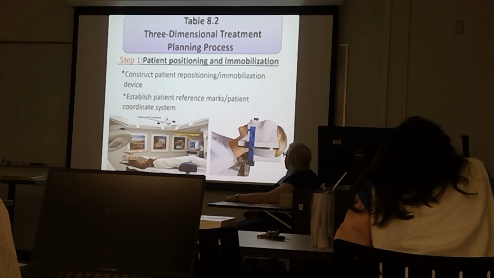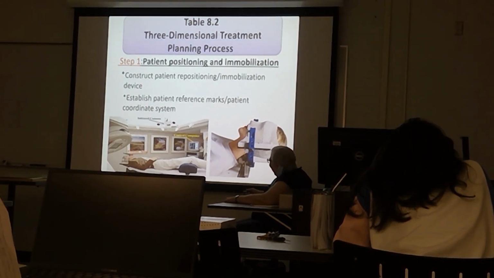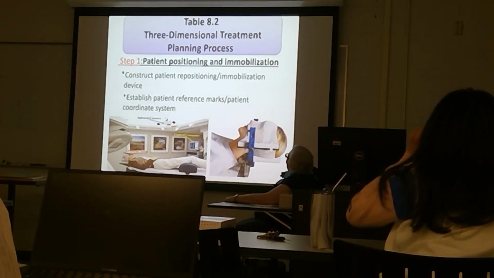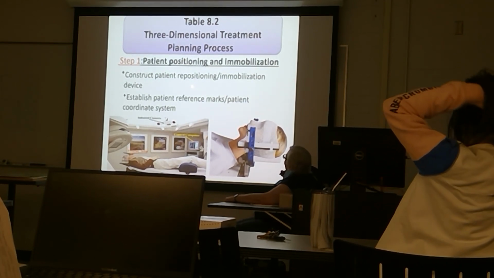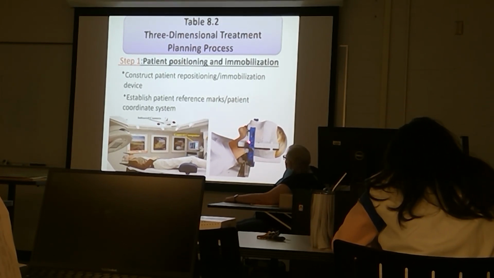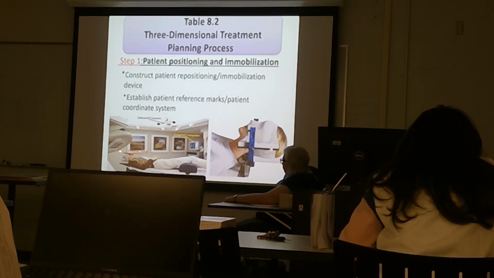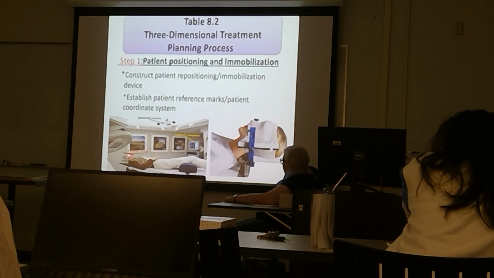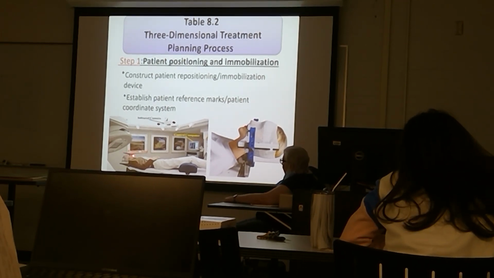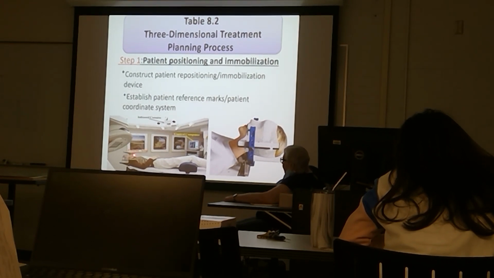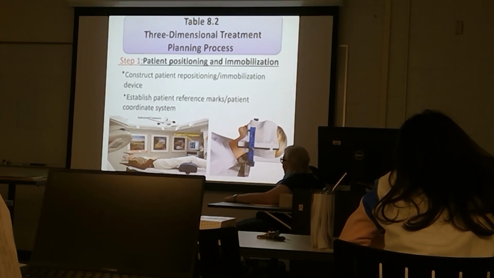Okay, so talking of fiducials, this is actually for immobilization. This is similar to the Halo device. This is a fiducial, only it's a special type of fiducial that you put on when you're doing the stereotactic.